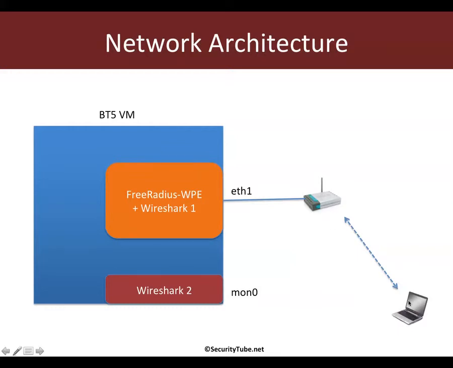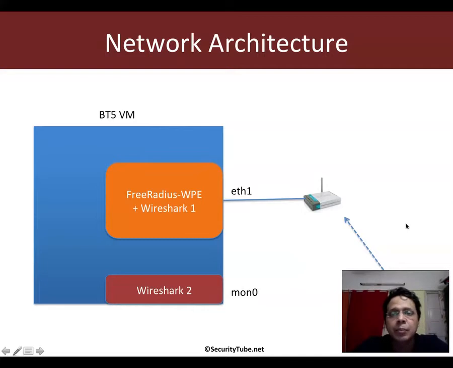Now the client software is the Mac OS system which I am on currently. So I would use the host operating system to simulate the client, and I would use the guest, which is the Backtrack 5 VM, to have the FreeRadius server and also to monitor the air, right? So hope this is clear.